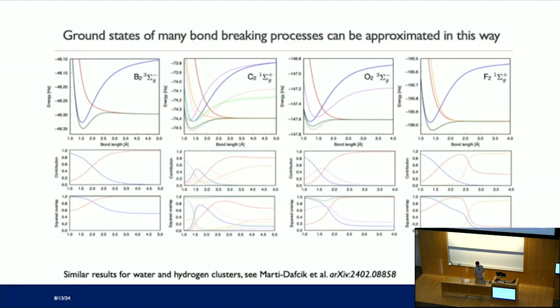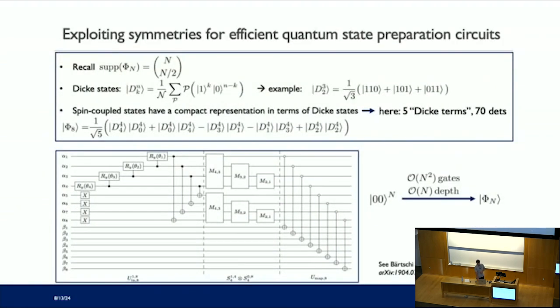Okay, as I mentioned, these states are highly dense in the Slater determinant basis. But the nice thing is, again, just like how they arise from symmetry, they're highly symmetric and therefore can be mapped to very symmetric states. And in particular, in the quantum algorithms community, people have looked at these Dicke states, so that's a particular family of entangled states.